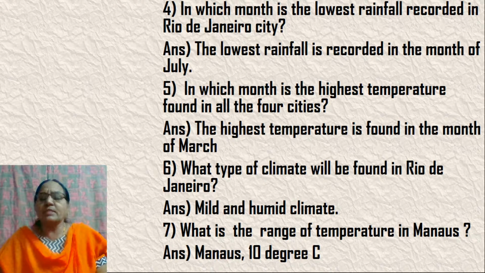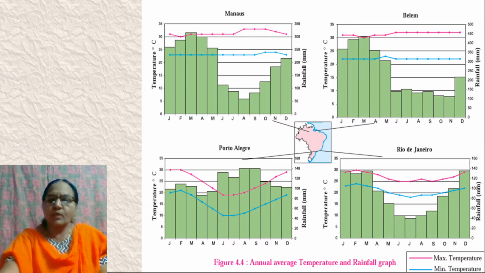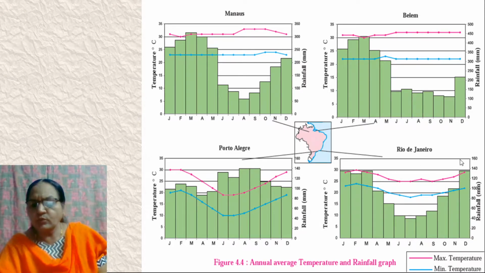In which month is the lowest rainfall recorded in Rio de Janeiro city? This is Rio de Janeiro, this is the rainfall histogram. So Rio de Janeiro gets its lowest rainfall in the month of, yes children, it is July.